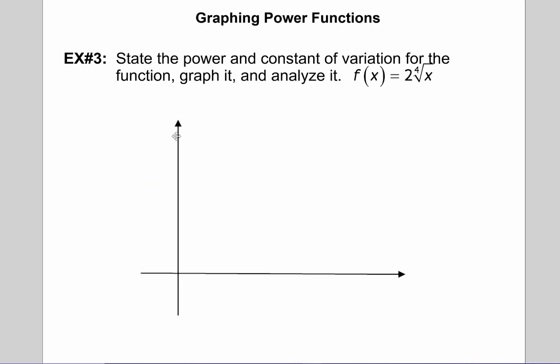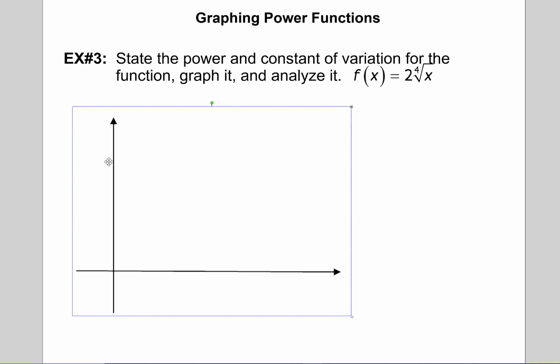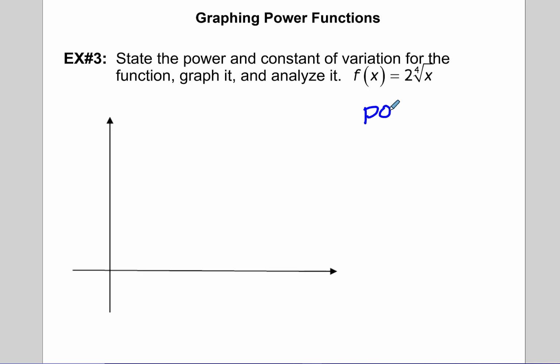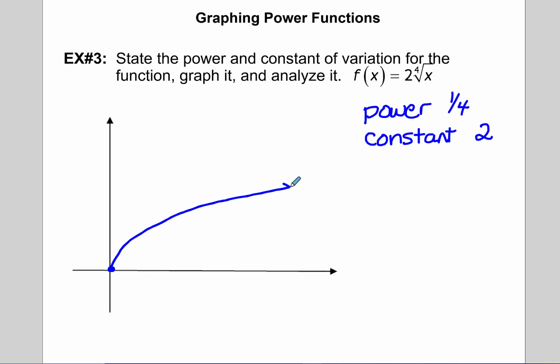In this example, we want to be able to graph a power function. In this case, we have 2 times the 4th root of x. So our power is a 4th, and our constant is the 2. So we have a function that's growing quickly. It's going to be looking like a square root function.